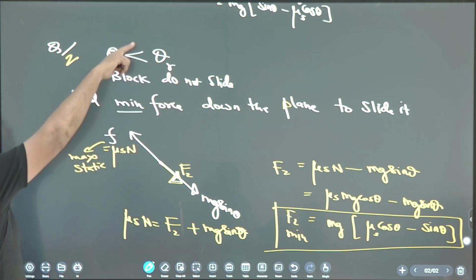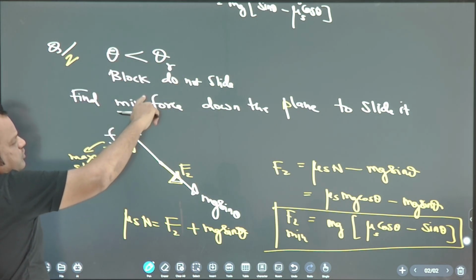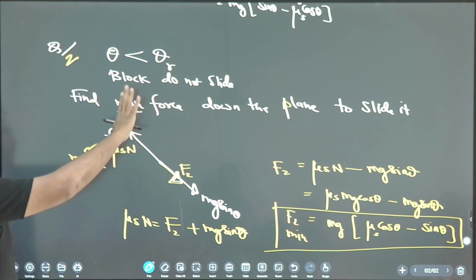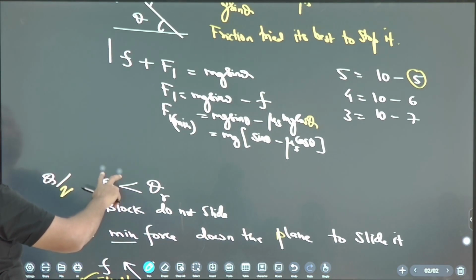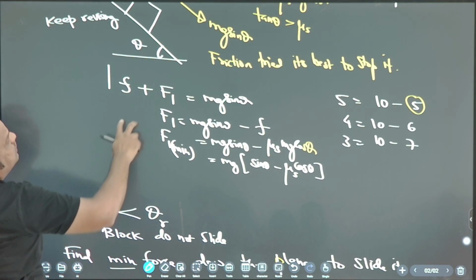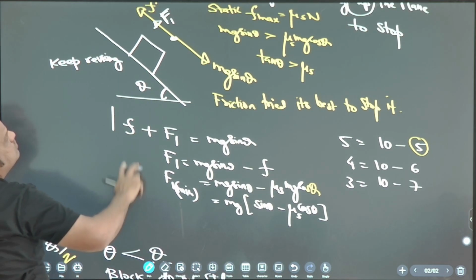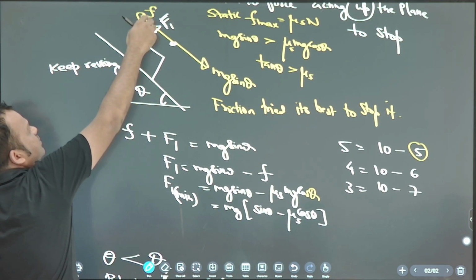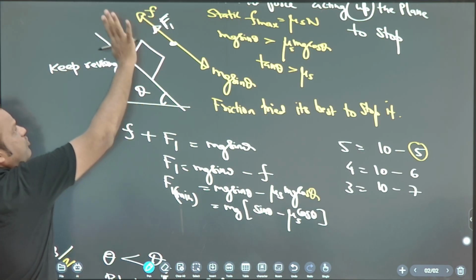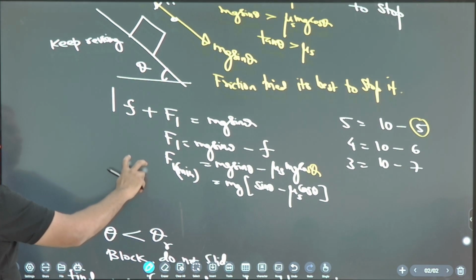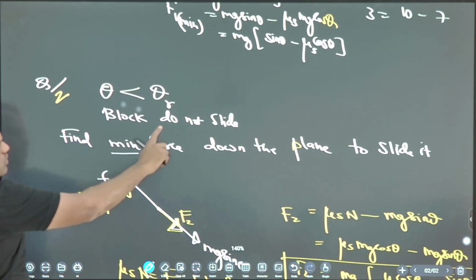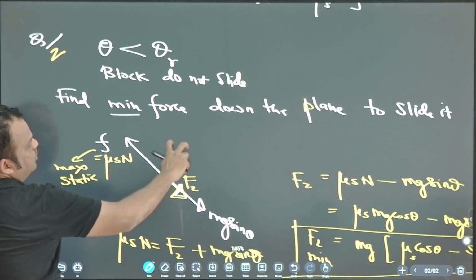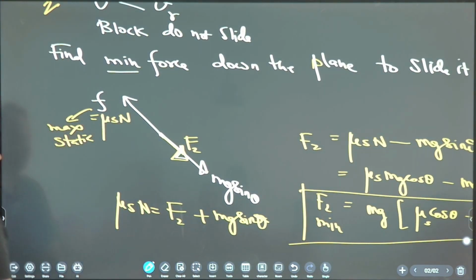In the first question, I want the block to stop from sliding. So the minimum force you are exerting is up the plane, to stop it from sliding. Now here theta is less than theta r, so the block does not slide.